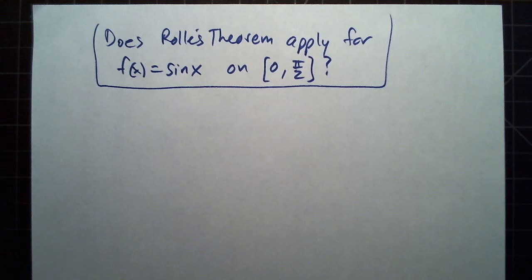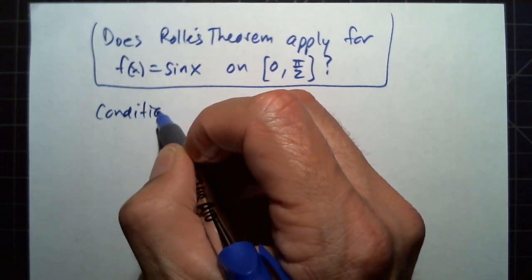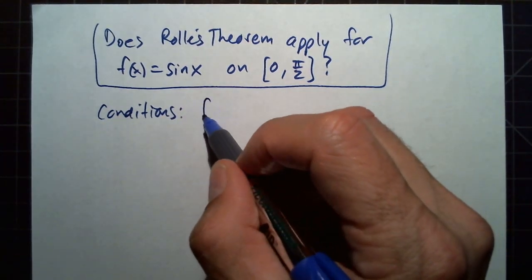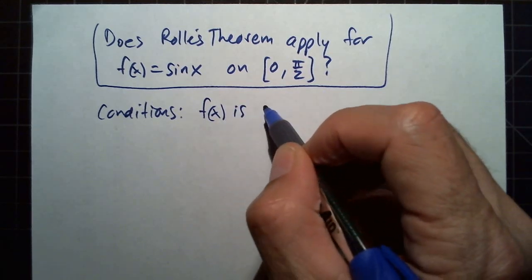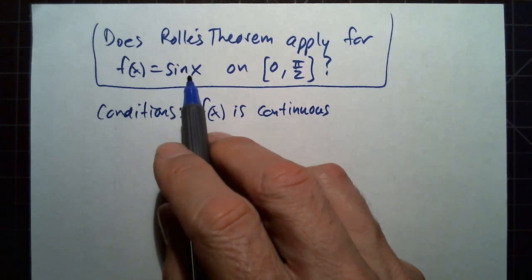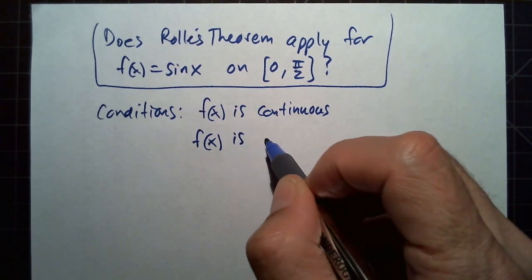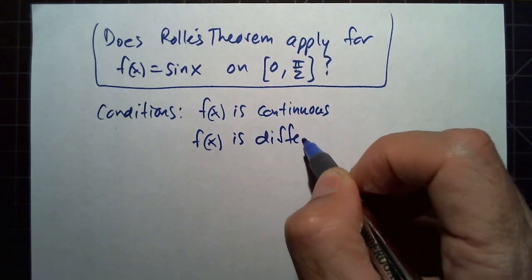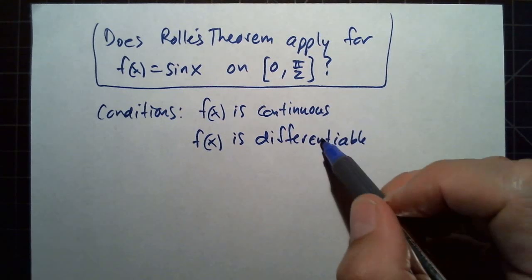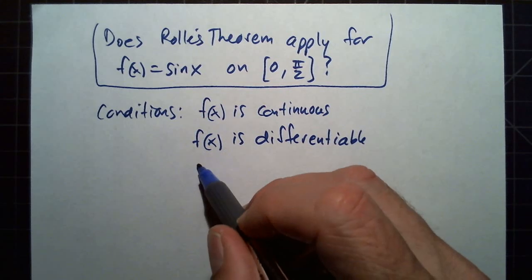Does Rolle's theorem apply? Let's consider the conditions for Rolle's theorem. We have to have f continuous, and we know that sine of x is continuous. Differentiable, smooth, and we know that the graph of sine is smooth.